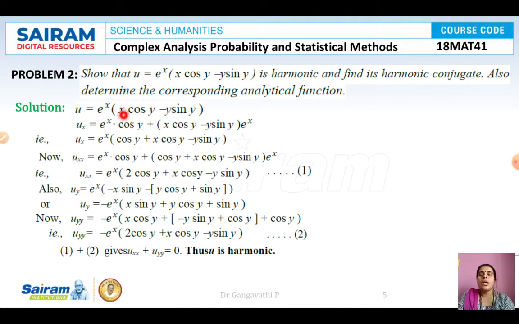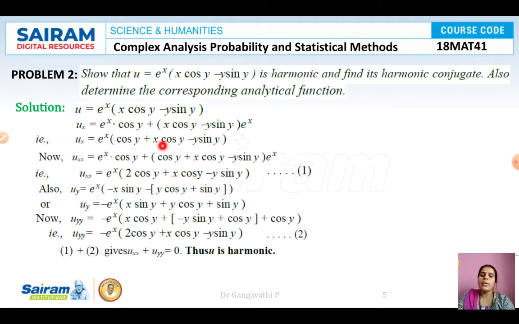Consider u and find ux. So ux is e power x into cos y plus, this is applying the u and v formula, product rule, e power x, and differentiation of this is cos y. This function as it is, and differentiation of e power x is e power x. So ux is e power x cos y plus x cos y minus y sin y. Now again differentiate it with respect to x.